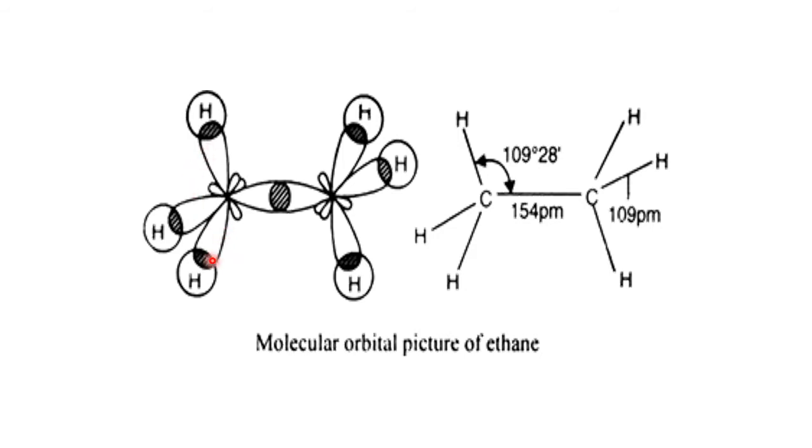So 6 hydrogens will give their single electron, 3 on this side and 3 on that side, going for the C2H6 combination. Thus that is ethane. So in ethane, two carbon atoms are ready with sp3 hybridization, and 6 hydrogens will come and make bonds, 3 left, 3 right. So this is the orbital picture.